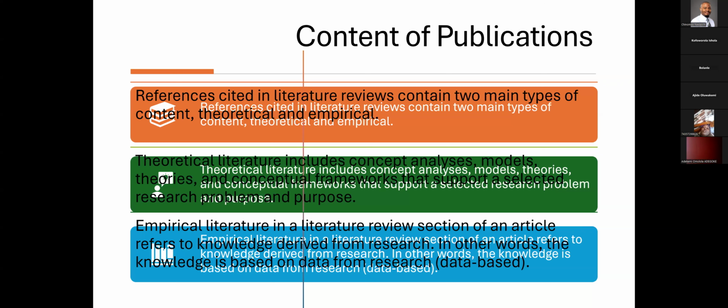On models, theories, and conceptual frameworks, these can be used to support our research, but they are not based on original data. However, the theoretical sources can be found in books. We read books of theory development, theory construction, theoretical basis of nursing, history of nursing.